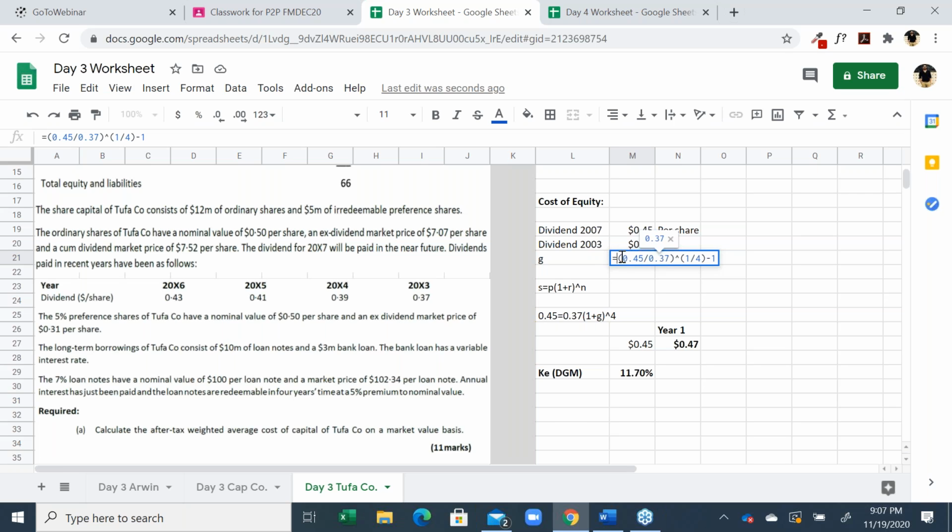The latest dividend by your earliest dividend, that's S divided by the P. And then take power 1 upon n, that is the number of years between these two years. And subtract 1 from it, and at the end multiply it by 100 to get the percentage sign. This will tell you at what rate the dividend has grown from one figure to another after n number of years. 5.02.